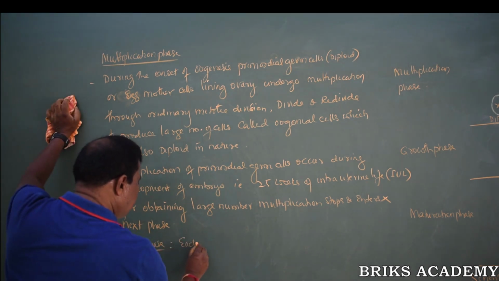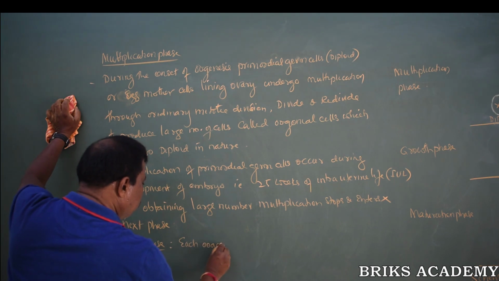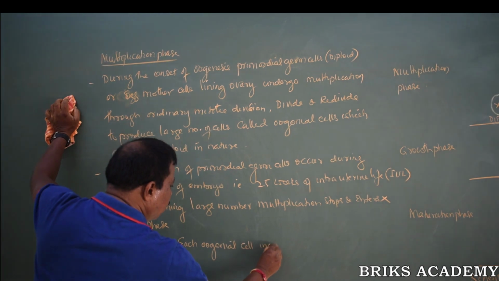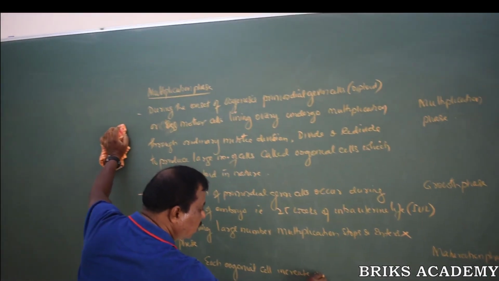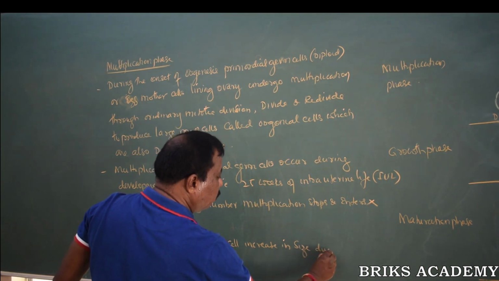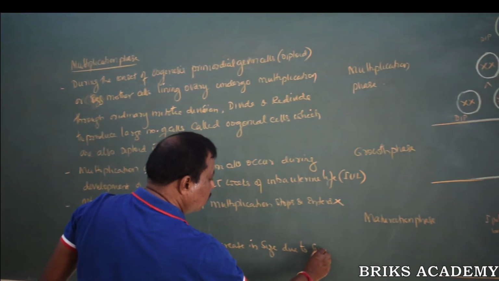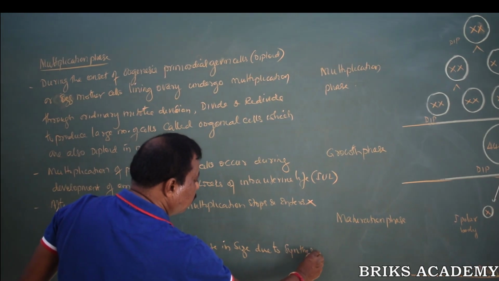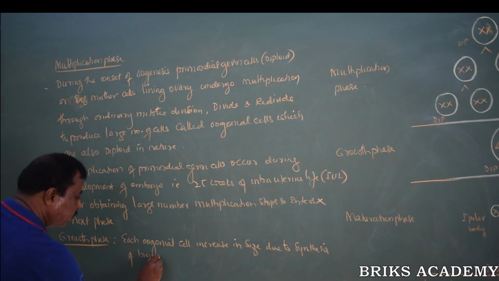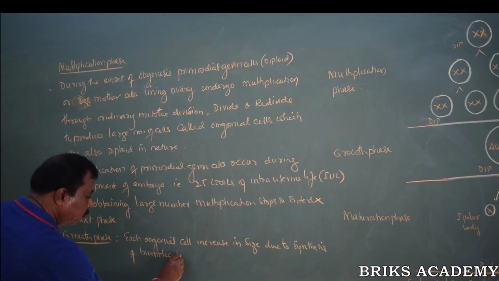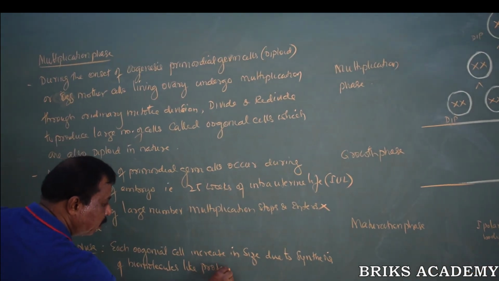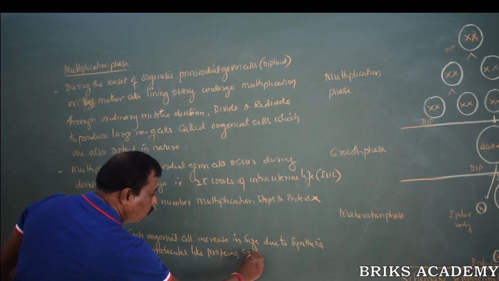Each oogonial cell increases in size due to synthesis of biomolecules like proteins, carbohydrates.